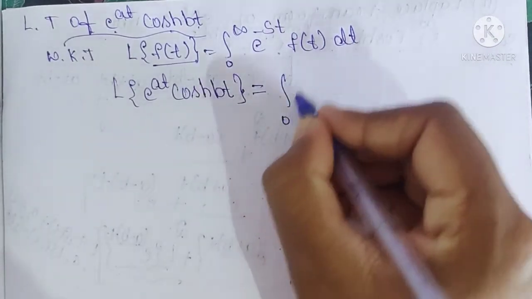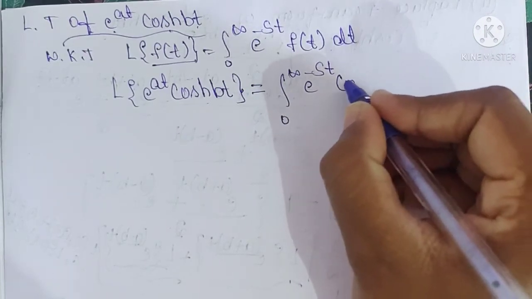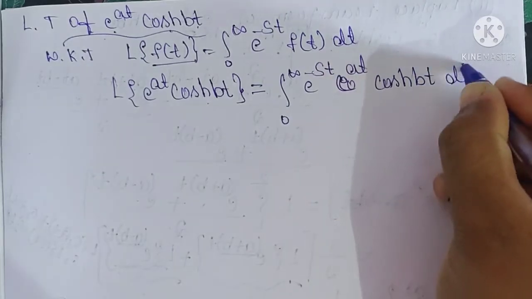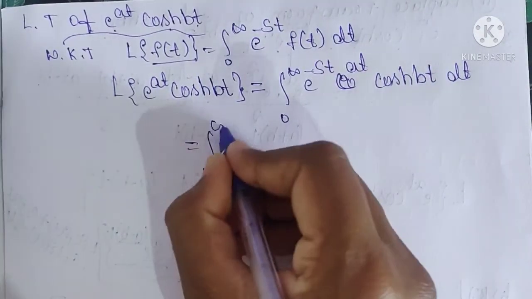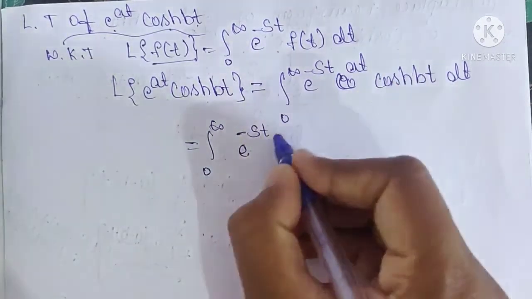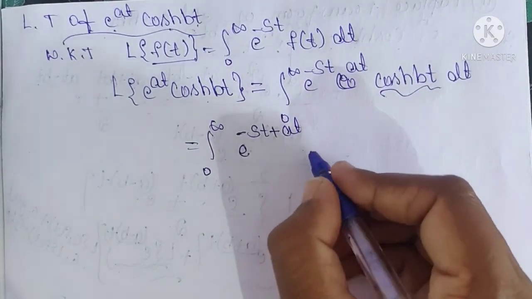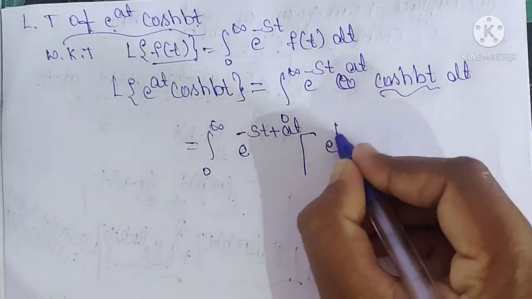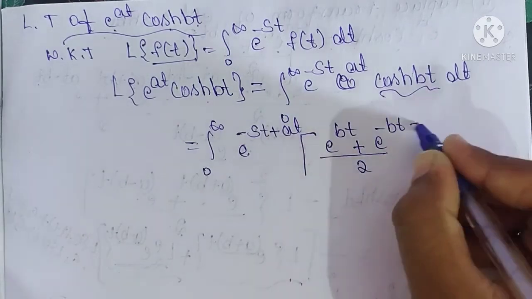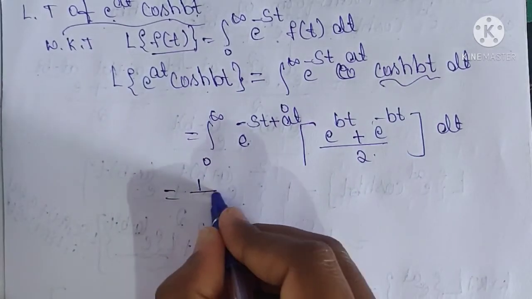L of e^(at) cosh(bt) is equal to the integral from 0 to infinity of e^(-st) cosh(bt) e^(at) dt. This equals the integral of e^(-st+at), and cosh(bt) can be written as (e^(bt) + e^(-bt))/2, dt. 1/2 is a constant, so you take it out.